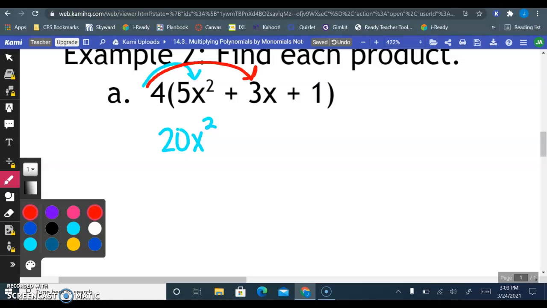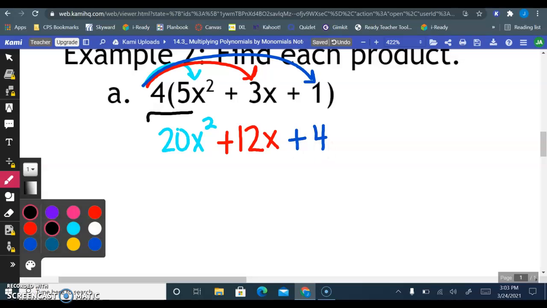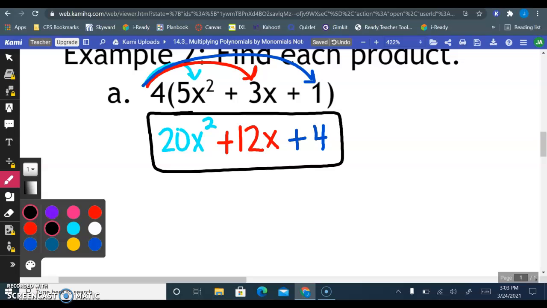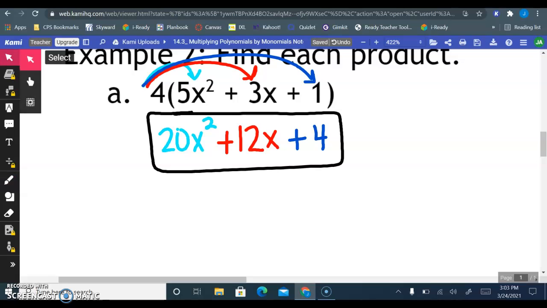Well, 4 times 3, everything's positive, so a positive 12. And again, just that x, nothing to multiply that x by. And then last, we have 4 times 1. So that would be 4. So the product would be 20x squared plus 12x plus 4.